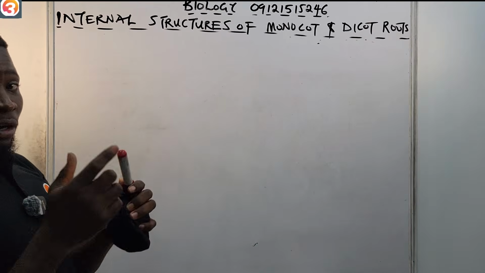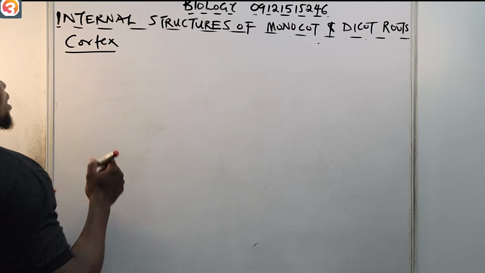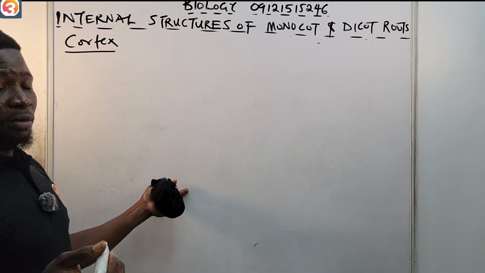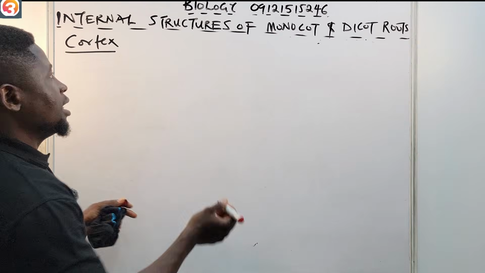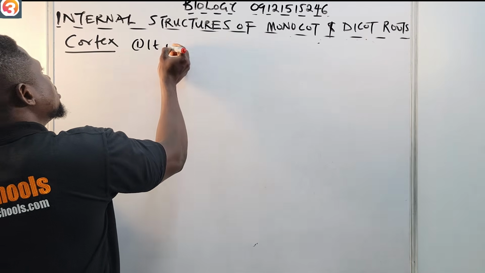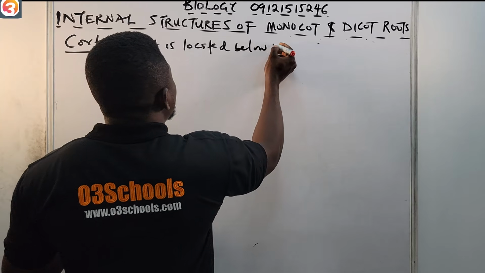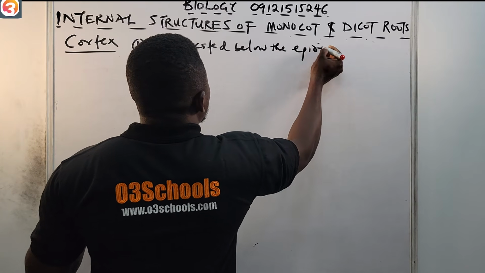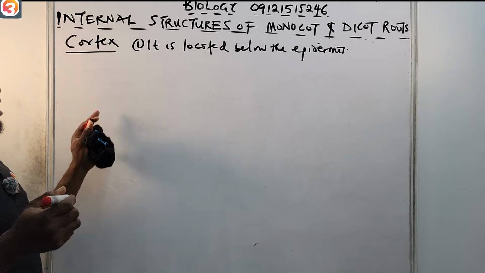So I was looking at the dicot root, and we're looking at number two now, the cortex. Just like we said from the diagram, the cortex is located just below the epidermis.